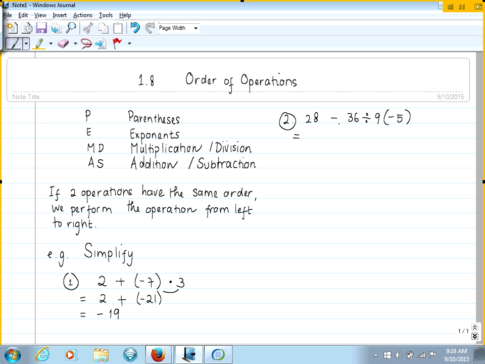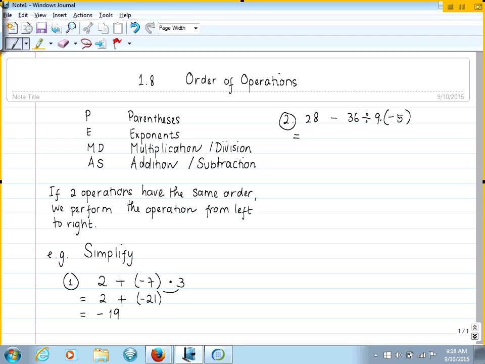Okay. Now let's see, what operation do we have here? Subtraction. What else? Division. Multiplication. So which one should we do first? Subtraction first? No, that's last. Division first or multiplication first?